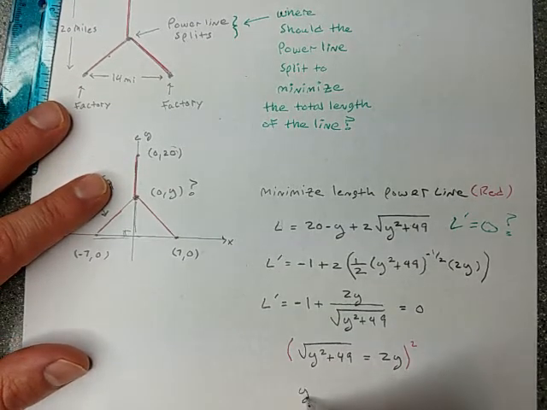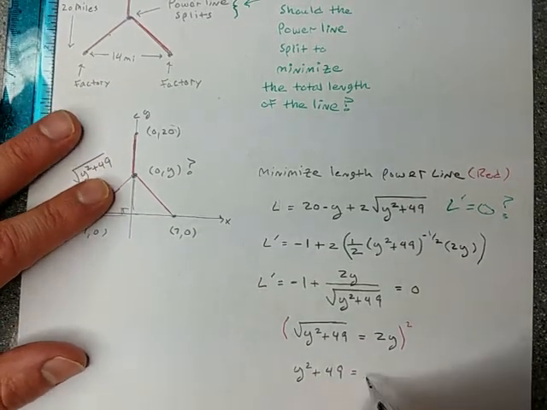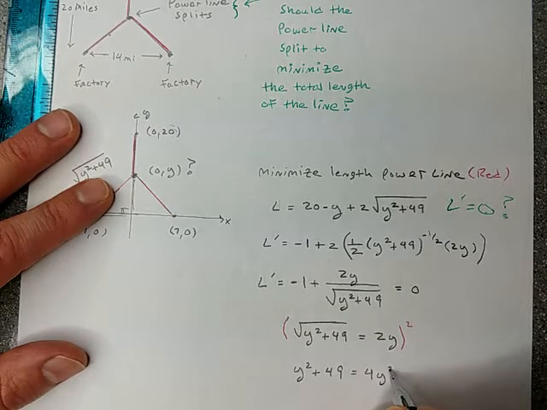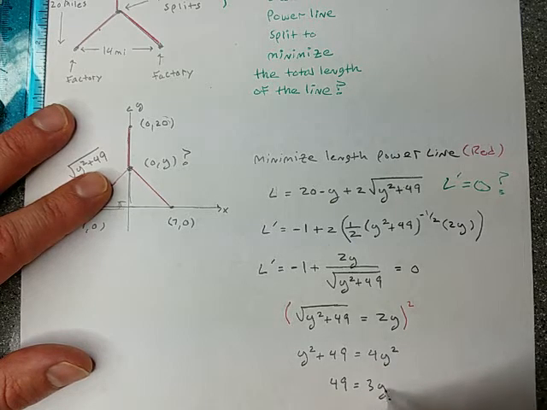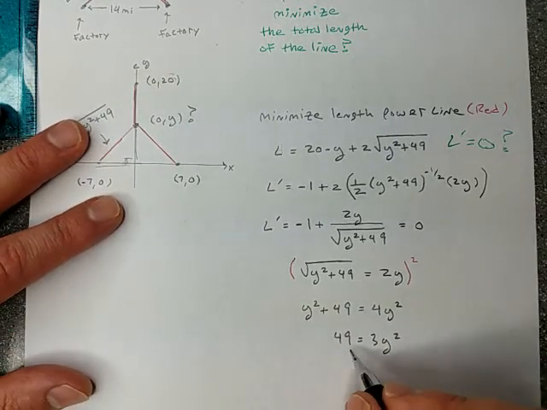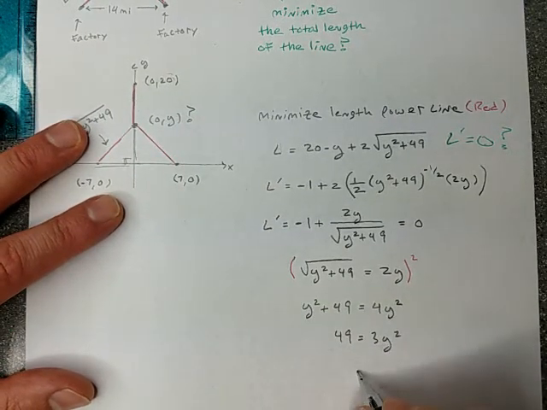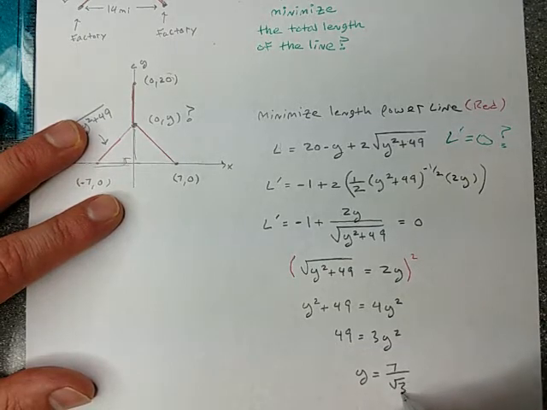And so I'll get y squared plus 49, squaring this root, is 4y squared. I'll get 49 is 3y squared. Okay. Or dividing by 3 and taking the root, I'll get y is equal to 7 over root 3.